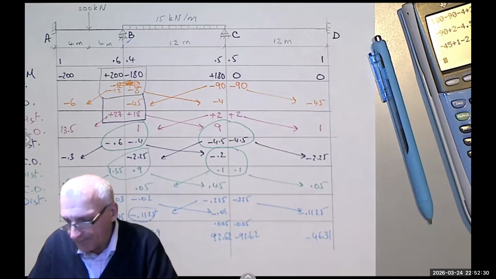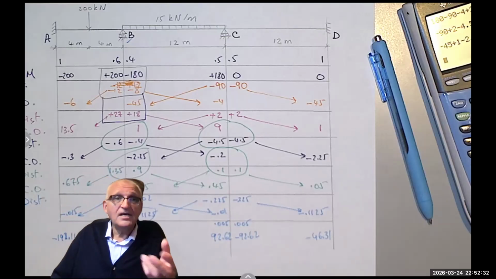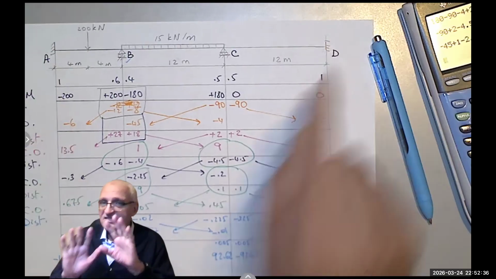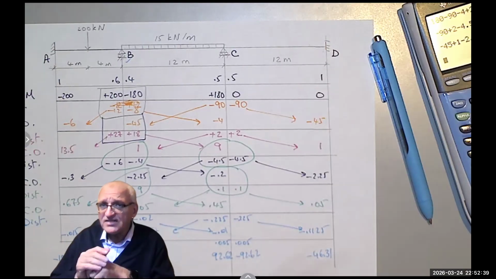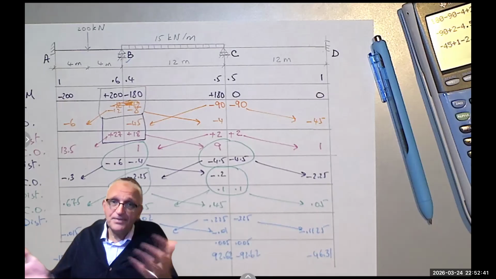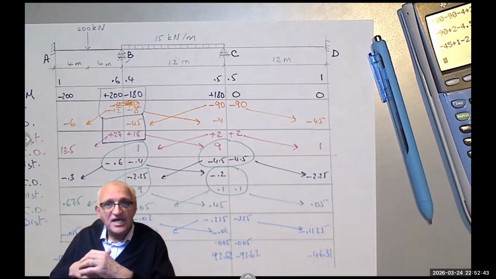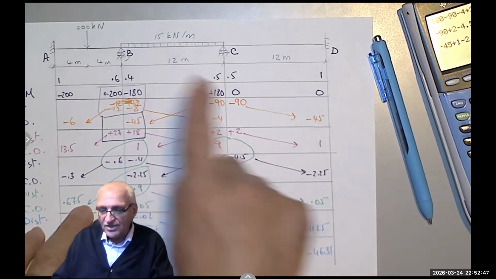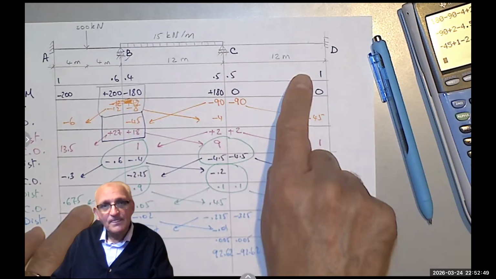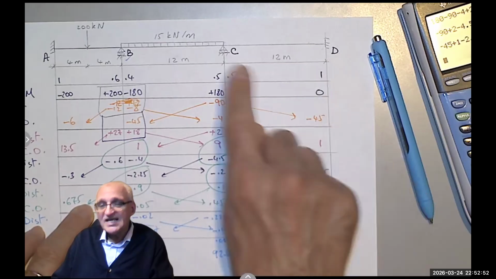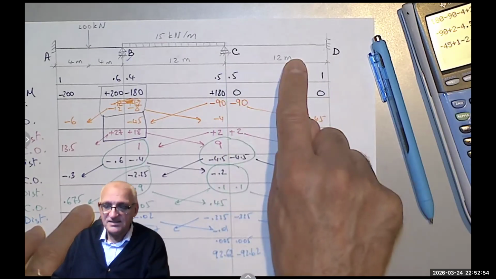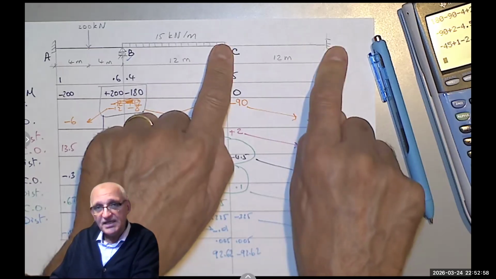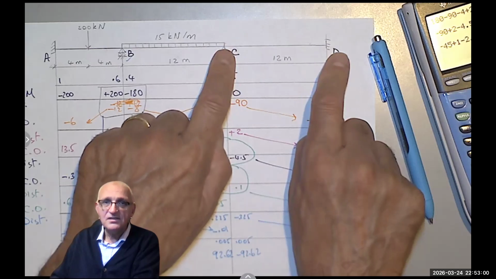I think I'm going to stop here. And then next time, I'm going to take another example where at least one of the two ends is not a fixed support. I'm going to make it a pin or a roller, in which case, when I get the ratio of the stiffness, the relative stiffness, I would use 3 EI over L instead of 4 EI over L. If one is fixed and the other is pin, then you get 3/4.